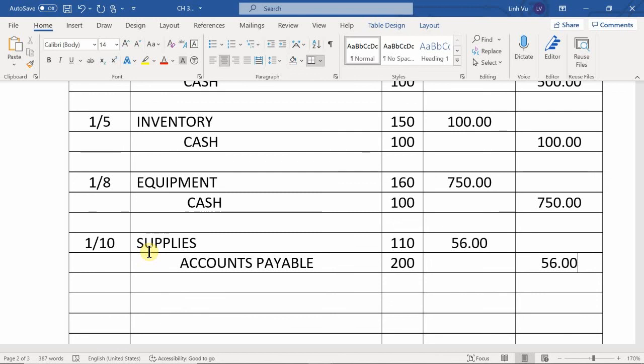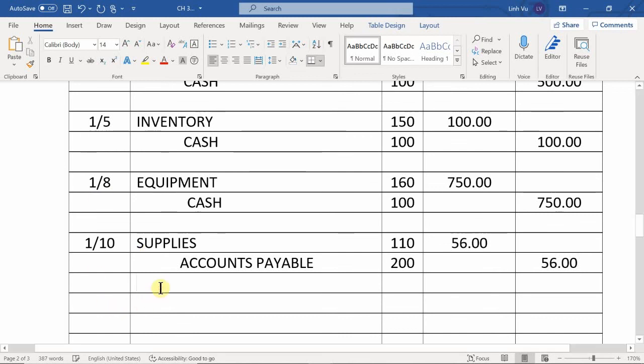Those supplies are mine. Well, in this case, we're not paying cash. We're paying it on an account. So therefore, we owe the vendor money.